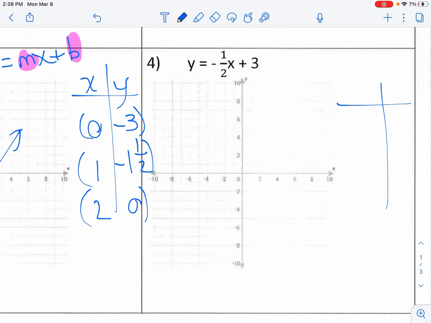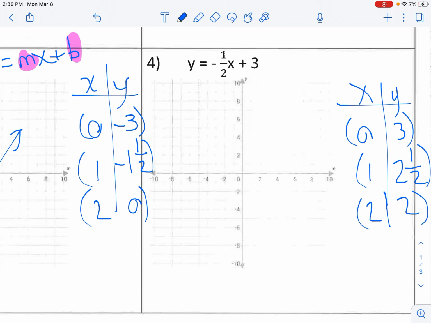XY chart, 0, 1, and 2. Substitute, -1/2 times 0 is 0, and 0 plus 3 is 3. -1/2 times 1 is -1/2. -1/2 plus 3 is 2.5. -1/2 times 2 is -1. -1 plus 3 is 2.